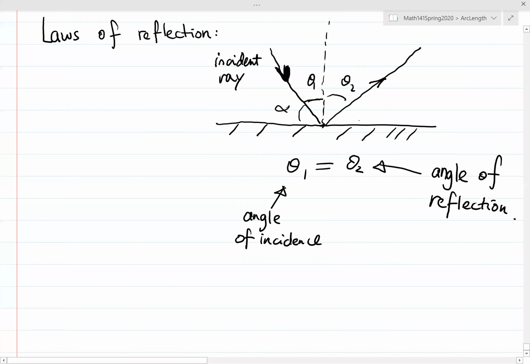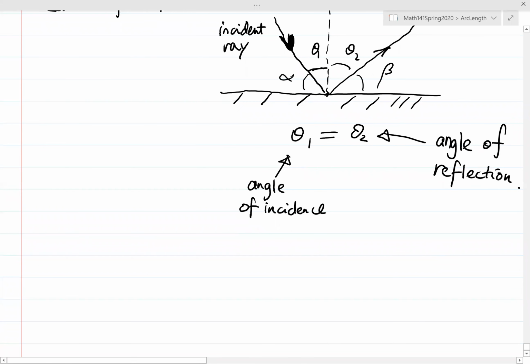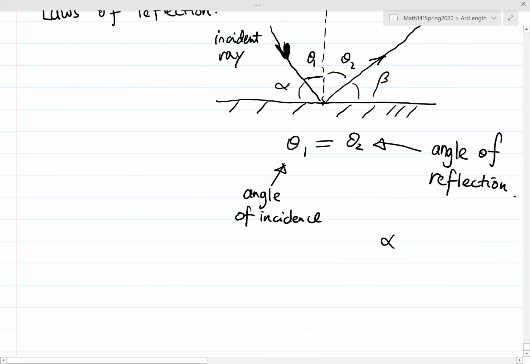You also get alpha equal to beta, because the normal line is perpendicular to the surface, so alpha and beta are supplements. So we can get alpha equal to beta, which is equivalent to the law of reflection.